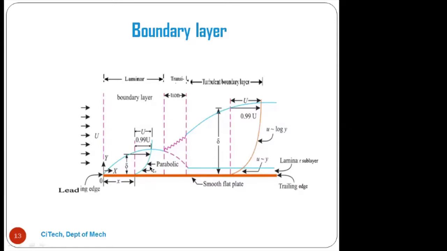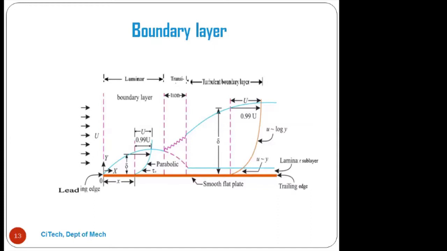Due to the shear stress, the viscous effect of the fluid will be more and more at the surface of the plate. If the viscosity between the liquid and the solid surface is high, then the velocity is zero at the surface of the plate here.